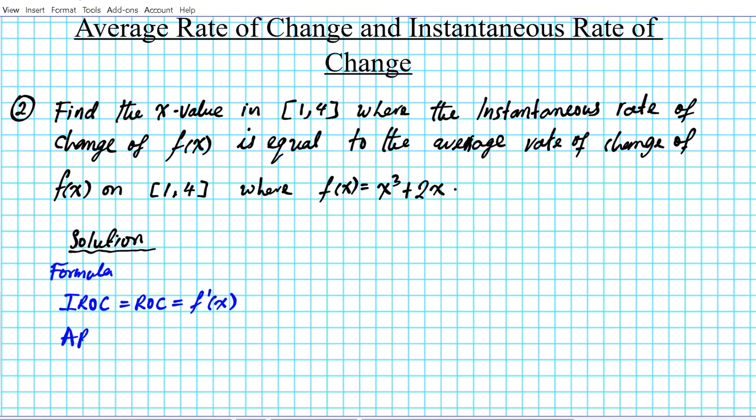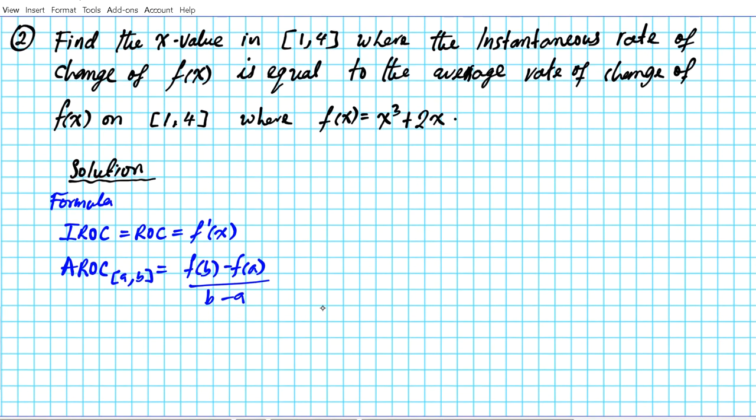The average rate of change of a function on an interval AB is the slope of the secant line, which is f of b minus f of a divided by b minus a. So the task here is we want to find the x value where f prime of x is equal to f of b minus f of a over b minus a. That basically satisfies the conclusion of the MVT, the mean value theorem.